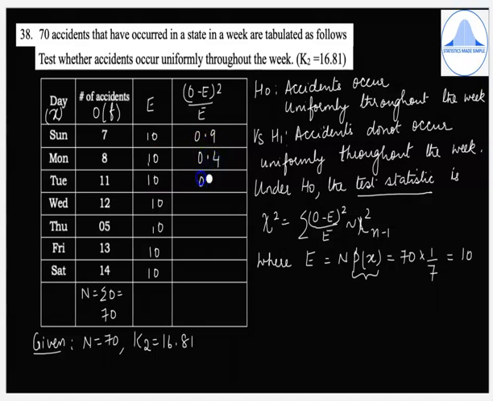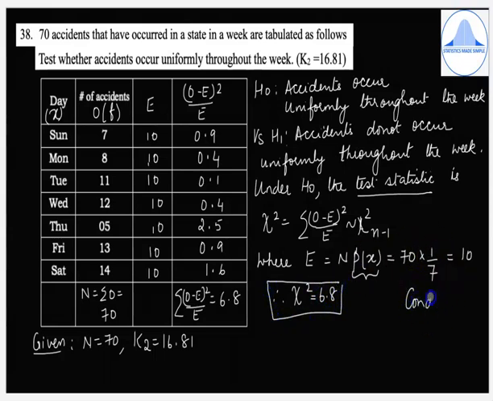Next is 0.1, 0.4, 2.5, 0.9, and 1.6. So summation (O minus E) whole square by E is equal to 6.8. So therefore, chi-square is equal to 6.8.